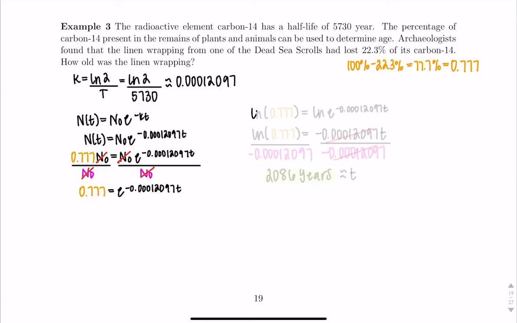So we're going to take the ln of both sides. On the right-hand side, the ln and the e cancel, and we're just left with the exponent. Then we want to divide both sides by that long decimal, and that will give us t.